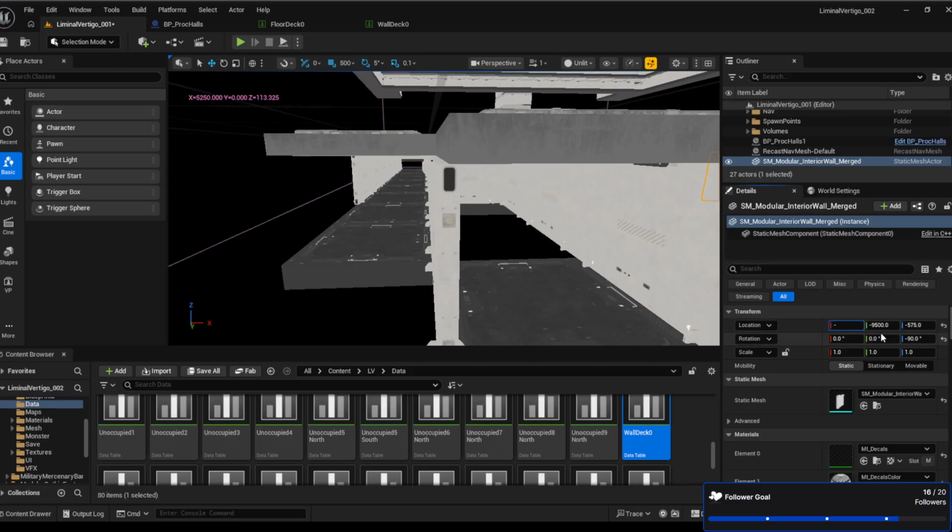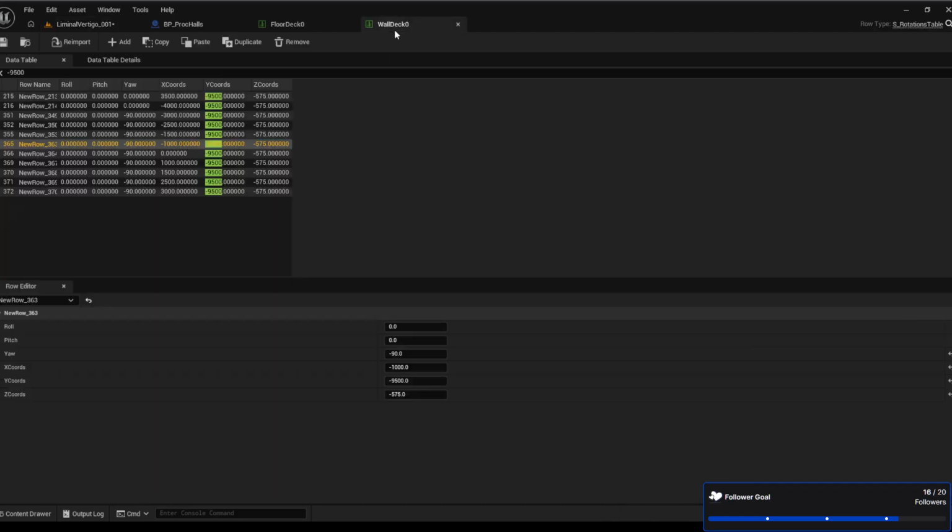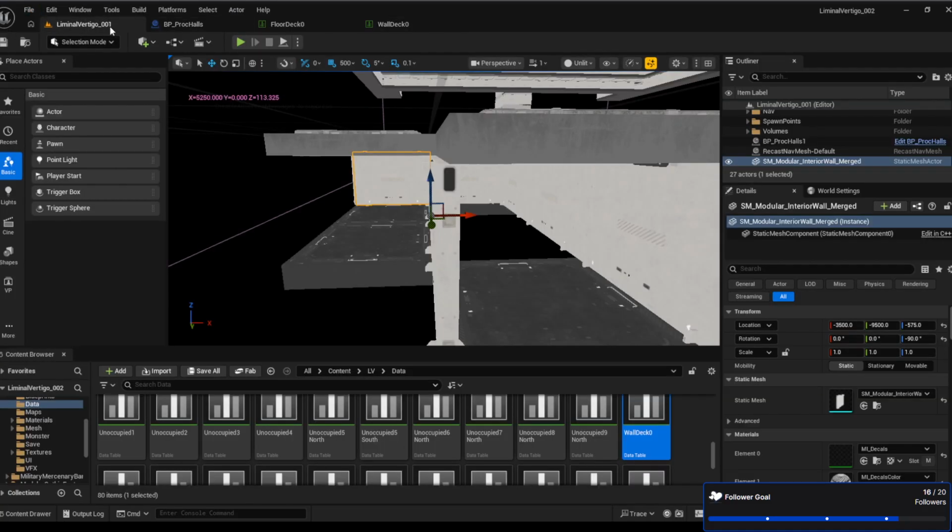I think that's a negative 30. Yeah, I need to move the negative 30 to negative 3,500. This one right here needs to be moved to negative 3,500. Save this. Move this over.